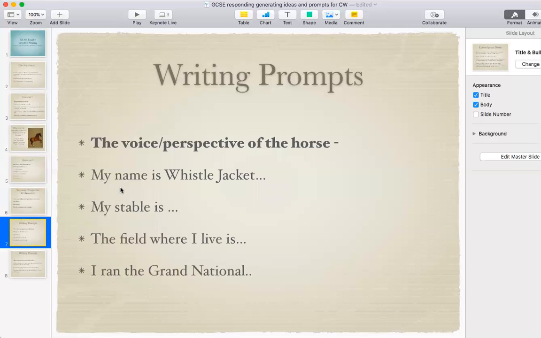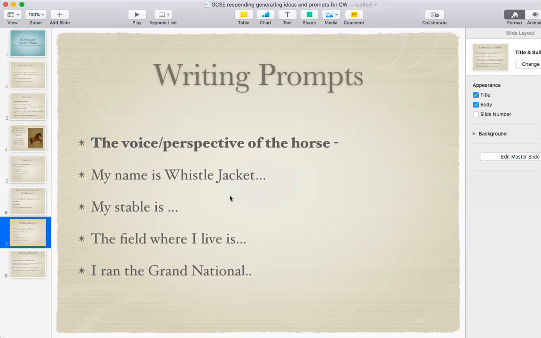The first writing prompt deals with the voice or perspective of the horse. My name is Whistlejacket. My stable is. The field where I live is. I ran the Grand National. Let these writing prompts take you to the space that they're offering.